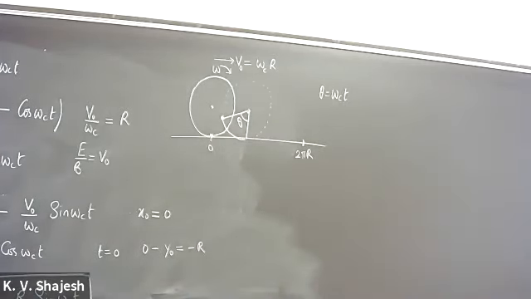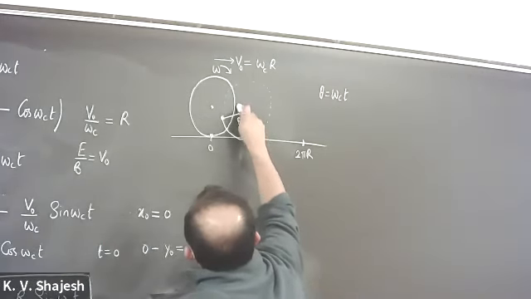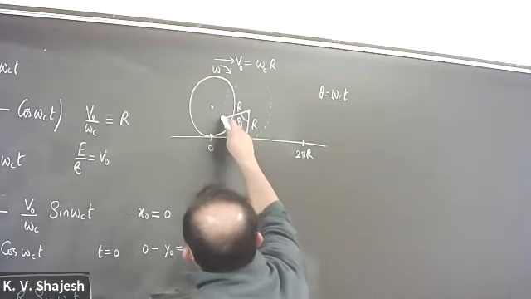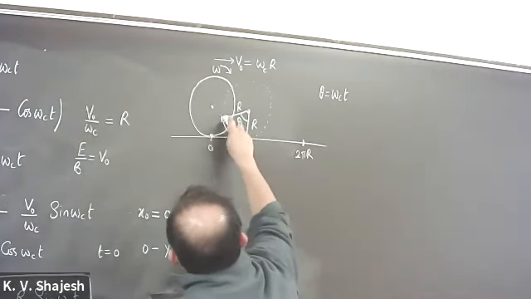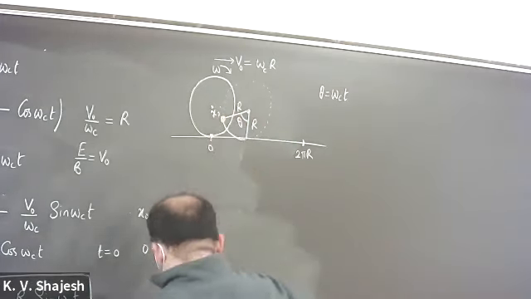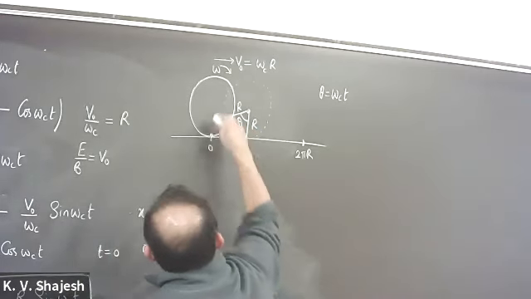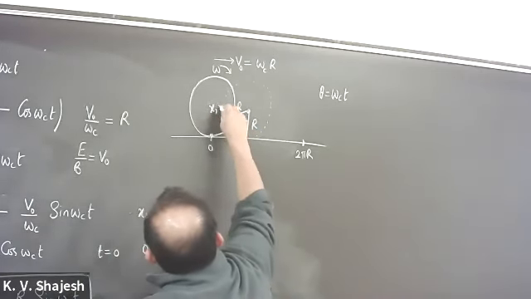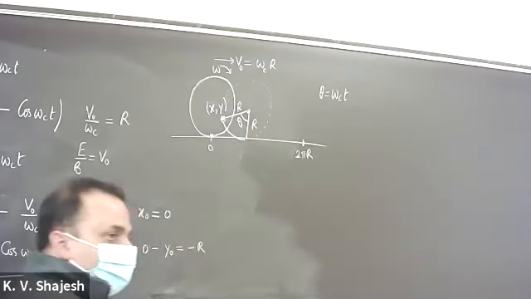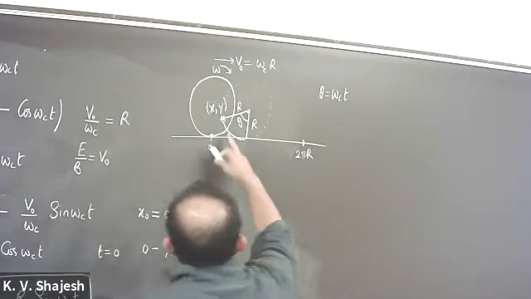This is radius r, that's also radius r. And this is your point xy. This is the point we are interested in, that's x comma y. What's the distance it would have gone?